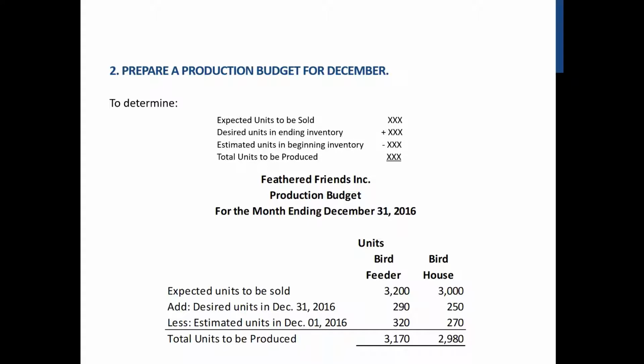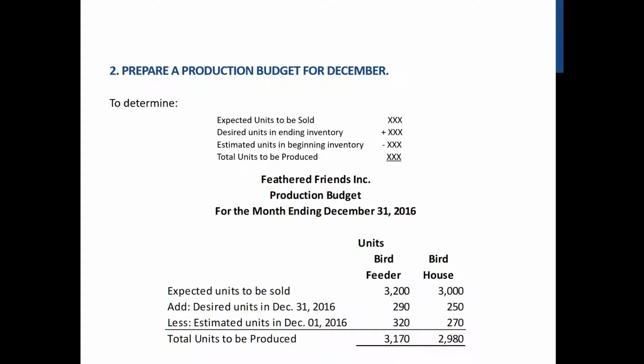Add the desired units in December 31, 2016 based on the given data, which is 290, less estimated units in December 1, 2016, 320. Therefore, the total units to be produced is 3,170.